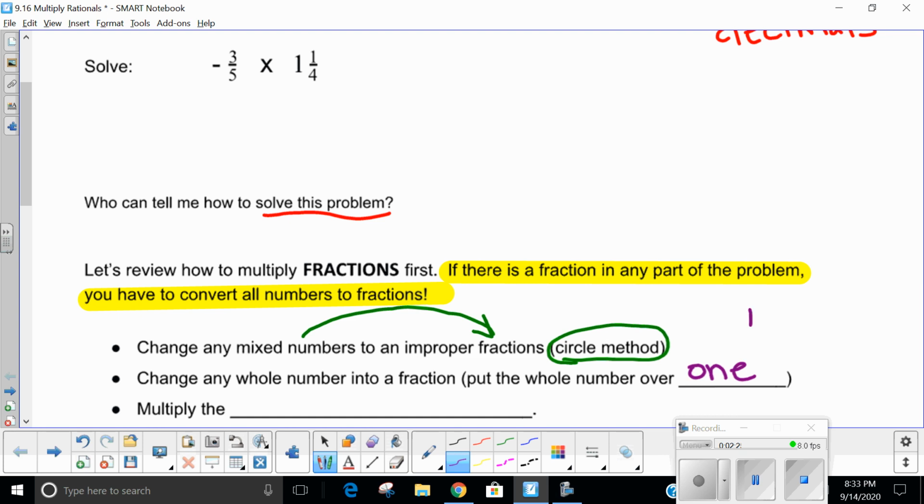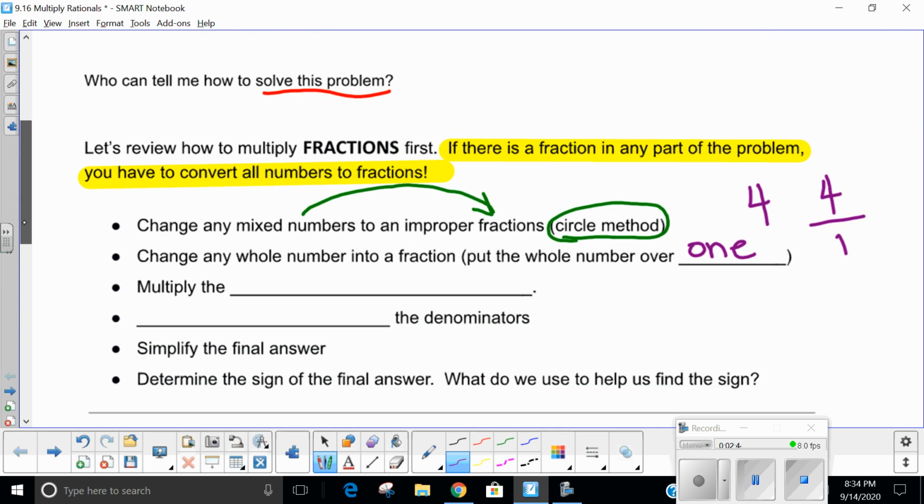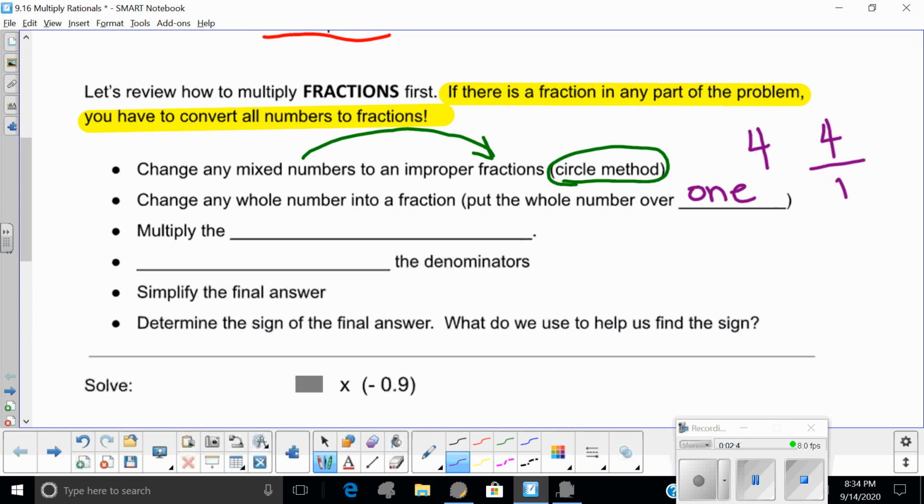So for example, if I have the number 4 and I want to make that look like a fraction in the traditional form of fraction, we say 4 over 1. 4 becomes the numerator and the number 1 becomes the denominator. Now, once all of the numbers look like fractions, we're going to multiply the numerators together to get the value of my new numerator, and then we're going to multiply the denominators to get the new value of the answer in the denominator.